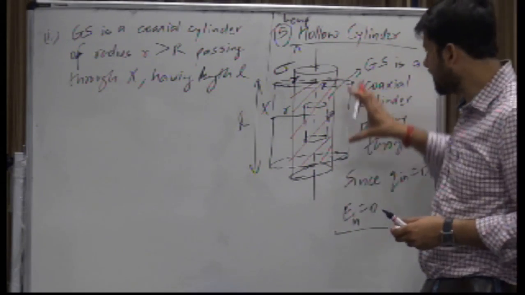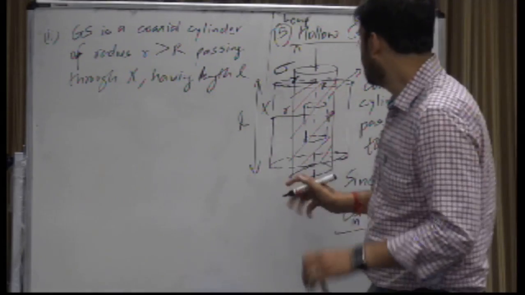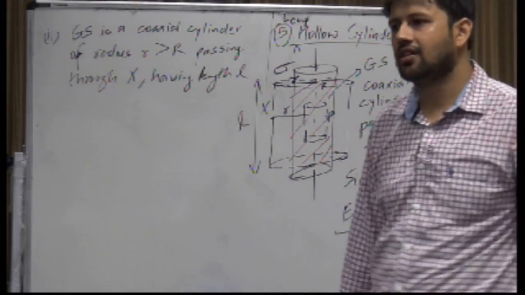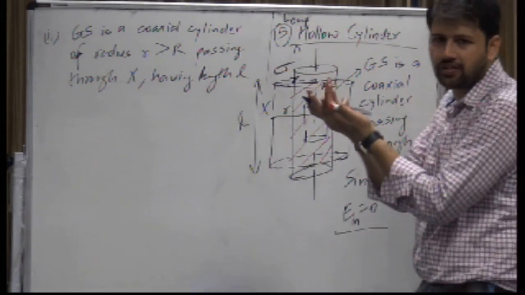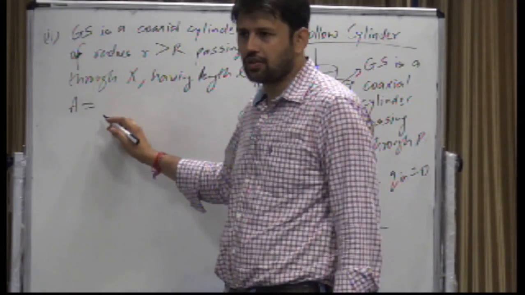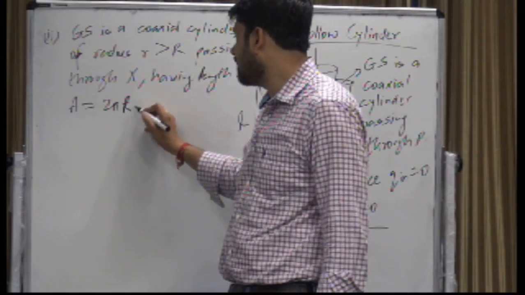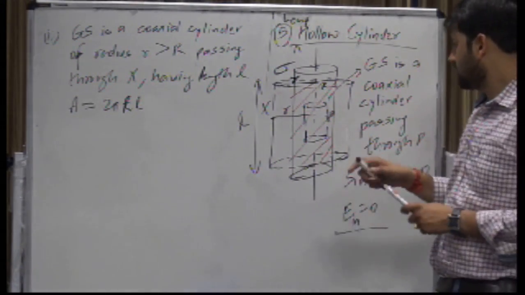How much is the length of this portion? L, right? Not difficult. And what is the curved surface area? Because there is no charge inside, it is on the surface itself. So how much will the area A be? 2 pi capital R L. Capital R is the radius of the original cylinder.